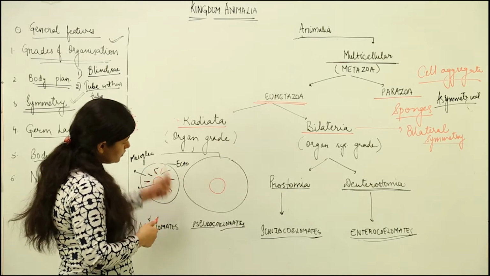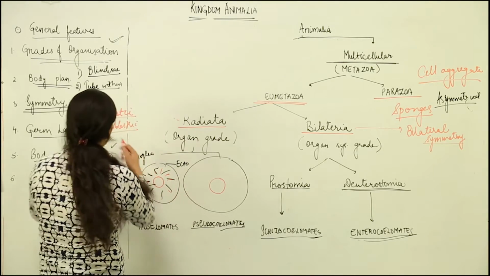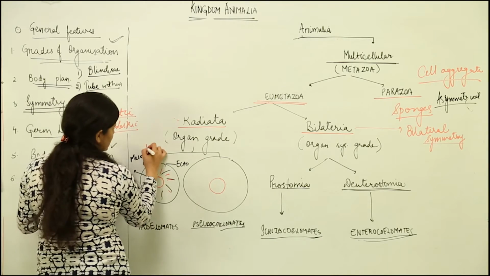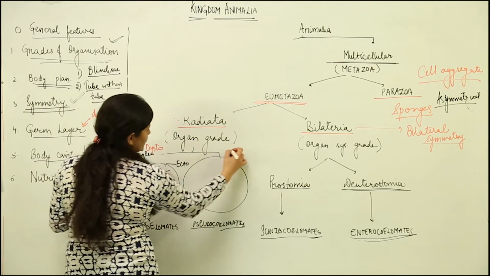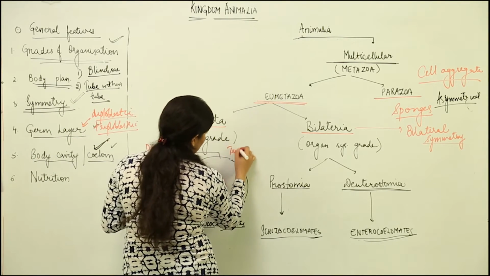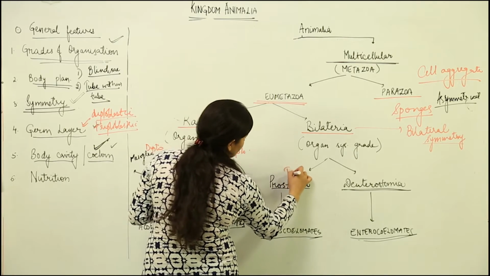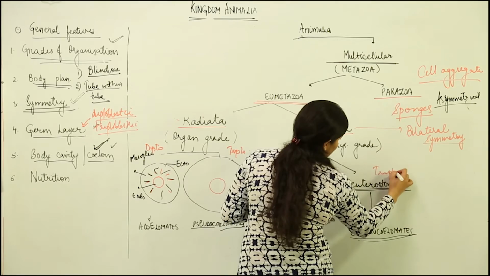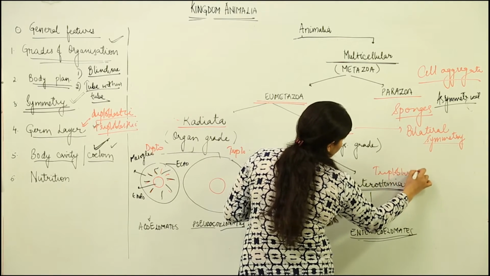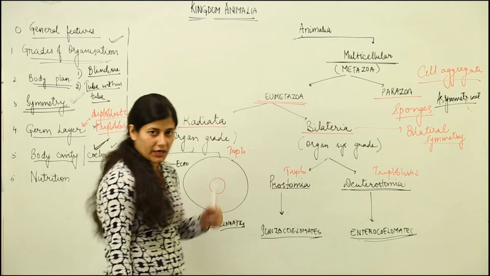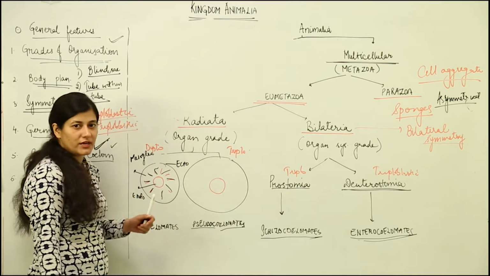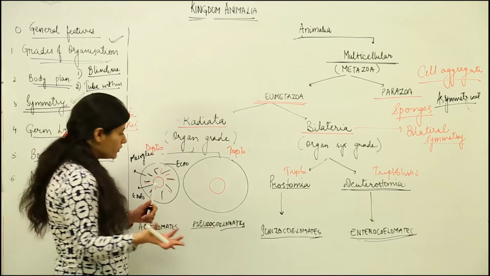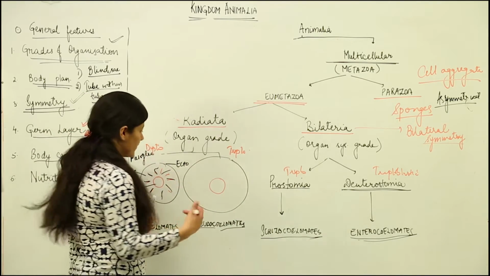The pseudocoelomates belong to the triploblastic category. So this is diplo, this is triplo, and the rest are all triplo. What is triploblastic? All three germ layers, ecto, meso and endo, are present, and in diploblastic we have only ectoderm and endoderm. There is no mesoderm present.